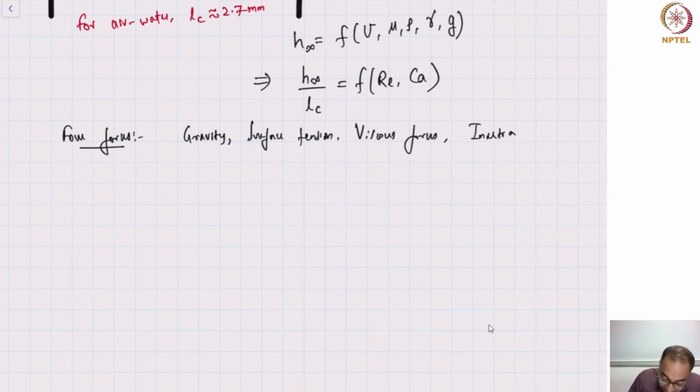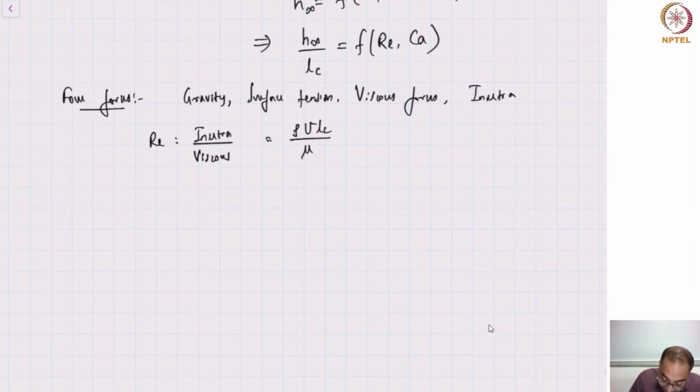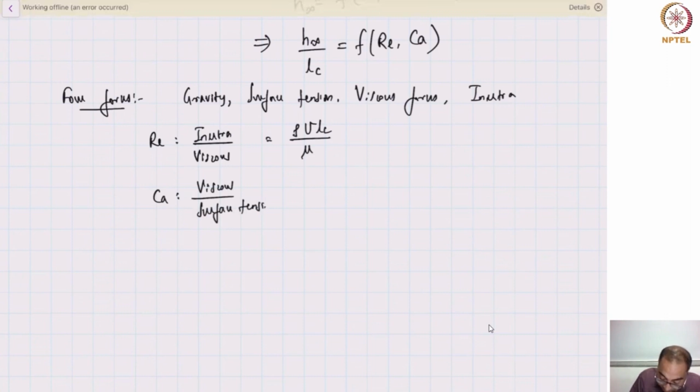So the Reynolds number is the ratio of inertia to viscous forces, rho U L_C by mu, and the capillary number is the ratio of viscous to surface tension, which is mu U by gamma.